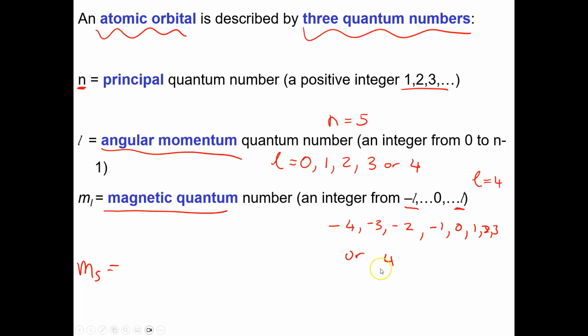Okay, so minus l to plus l. ms, we're going to talk about that later. But the location of the electron, the atomic orbital of the electron, requires these 3 quantum numbers to be input into the Schrödinger equation in order to calculate it.